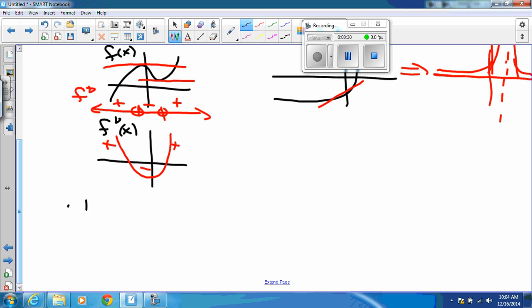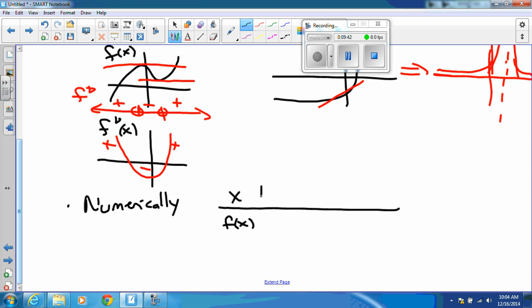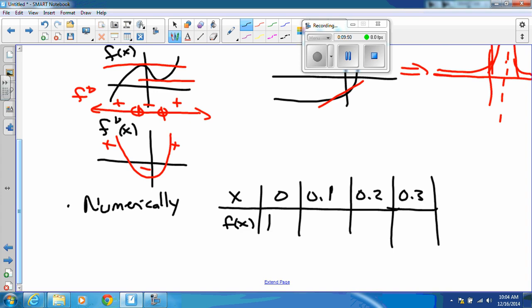Okay, so that's graphically. What about numerically? For example, suppose I gave you a chart of values for x: 0, 0.1, 0.2, 0.3, and here are some values for f of x.